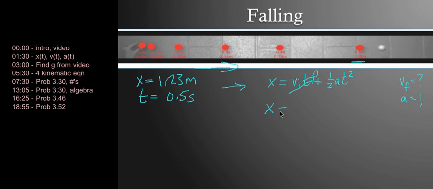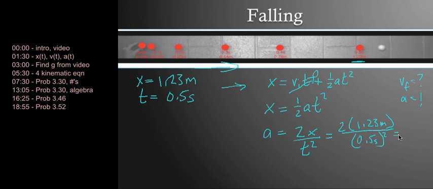And so we're just going to end up with x equals 1/2 a t squared. We're going to rearrange this for a, and we're going to end up with 2x over t squared. Then we just plug in the information that we know: 2 times 1.23 meters all over 0.5 seconds squared, and we're going to end up with 9.84 meters per second squared.